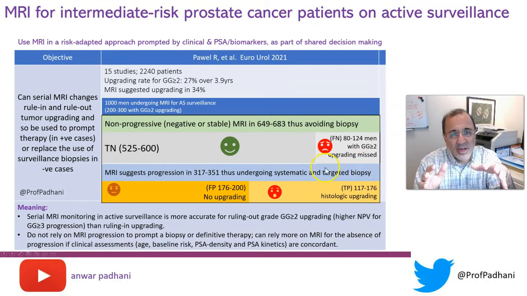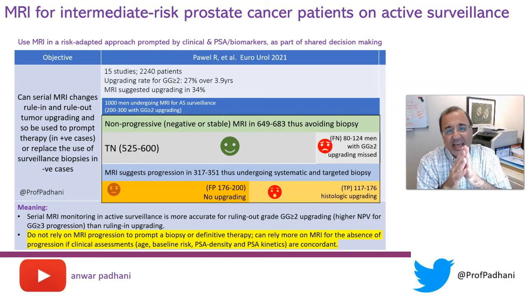However, if an MRI says that the lesion is worse, how often was there upgrading? And in fact, it turns out it's a 50-50. So in other words, serial MRI is more accurate at ruling out upgrading rather than ruling in upgrading, which should lead you to the conclusion that you shouldn't be monitoring with MRI alone.